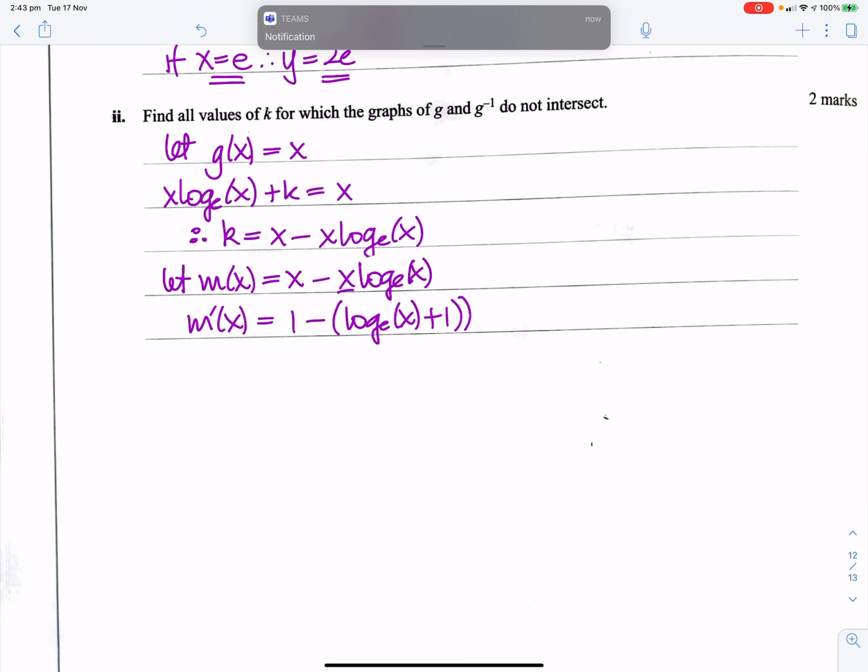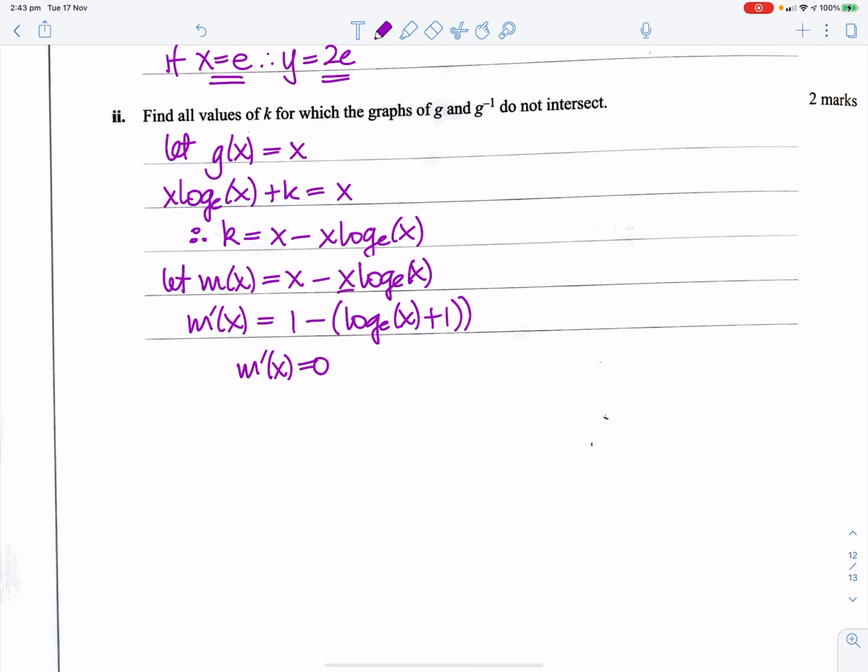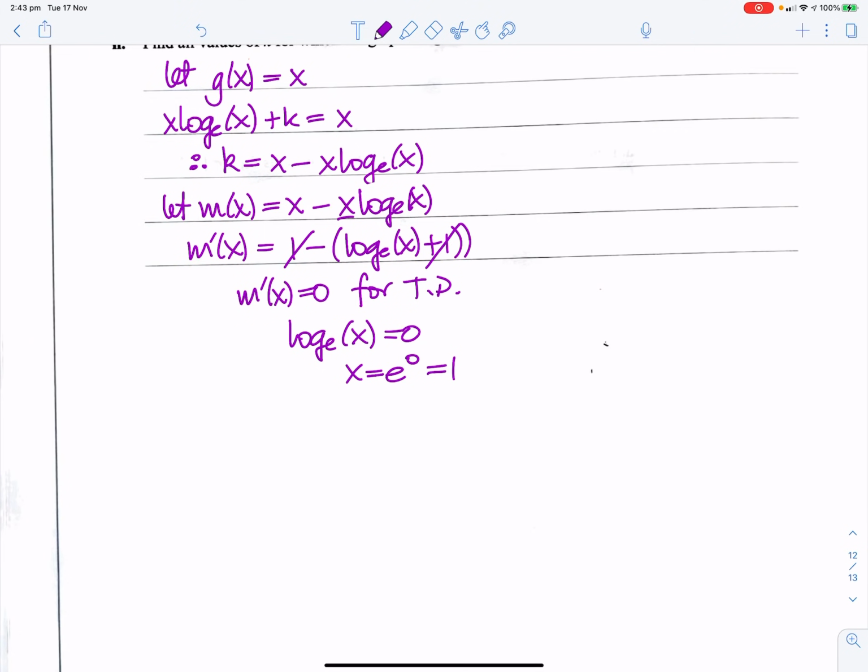And we know that has to equal 0. So if we let m dash of x equals 0 for the turning point, they cancel. So we get log e x is equal to 0. So x equals e to the 0, which is 1. When x equals 1, k is equal to 1 minus 1 log e of 1. So k is equal to 1.